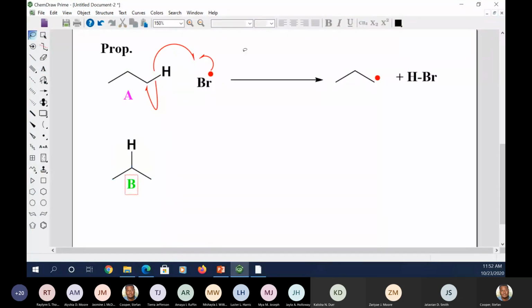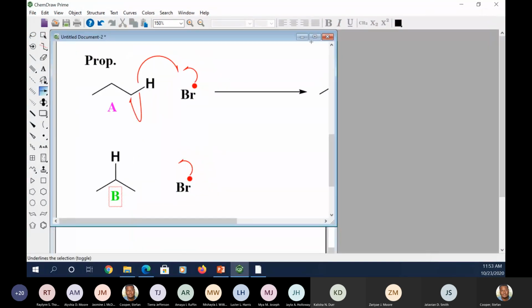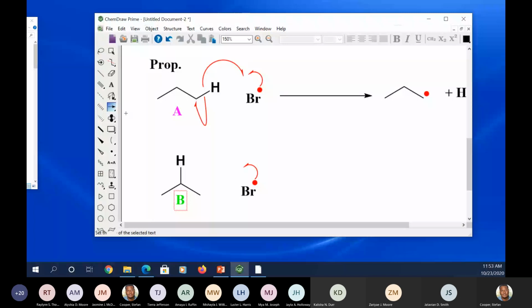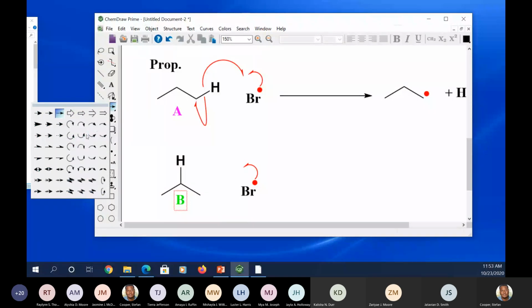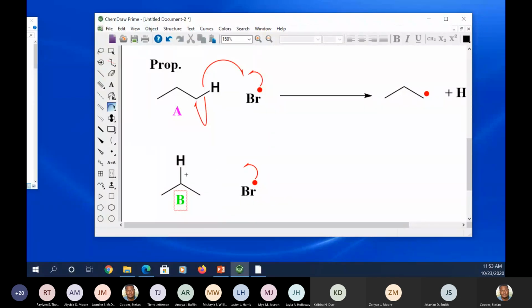I could do the same thing for my B type. Where again, only 1 electron in the hydrogen.